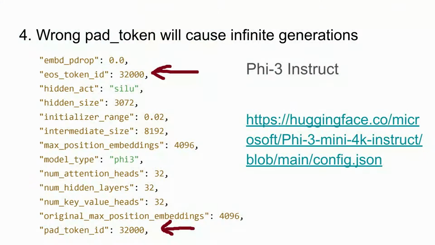So just be very, very careful when you do fine-tuning to check what is the pad token ID and the EOS token ID. For example, if you look at Phi 3, they're the same. So technically, with Phi 3, when you do fine-tuning, it will be infinite generations. So just be careful and look, before you do the fine-tune, check what is the EOS token and what is the pad token. They must be different.